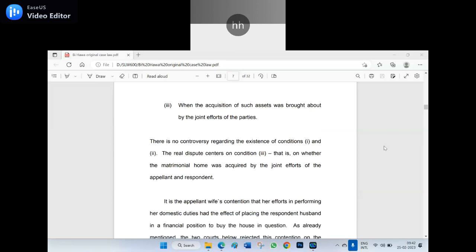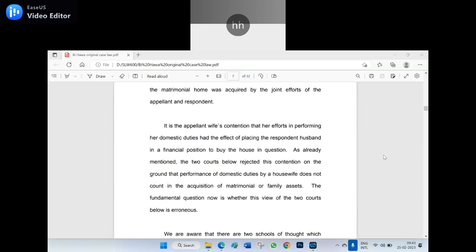So there is no controversy regarding the existence of the condition; the real dispute centers on condition 2, that is, whether the matrimonial home was acquired by the joint efforts of the appellant or respondent. It is only the crux of the issue whether the matrimonial property acquired after the marriage is equally distributed or not. Is it clear? So that is the only thing.